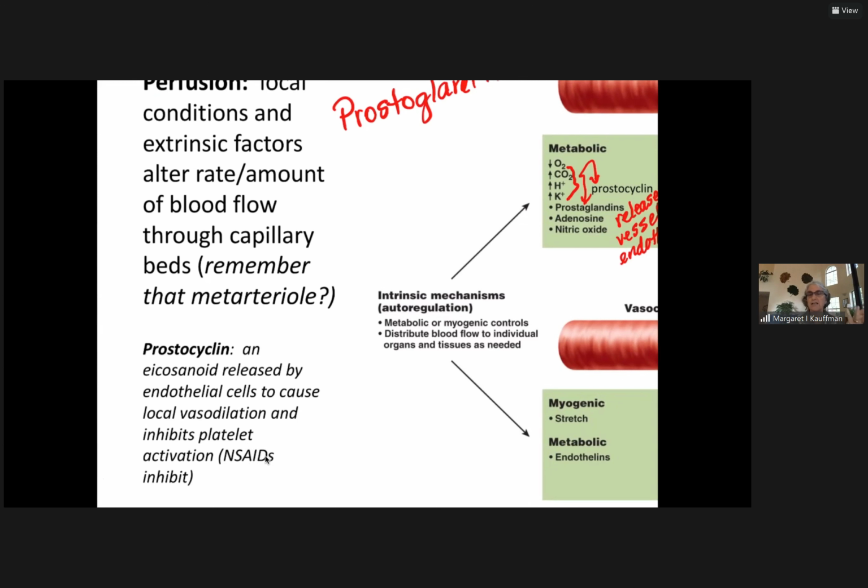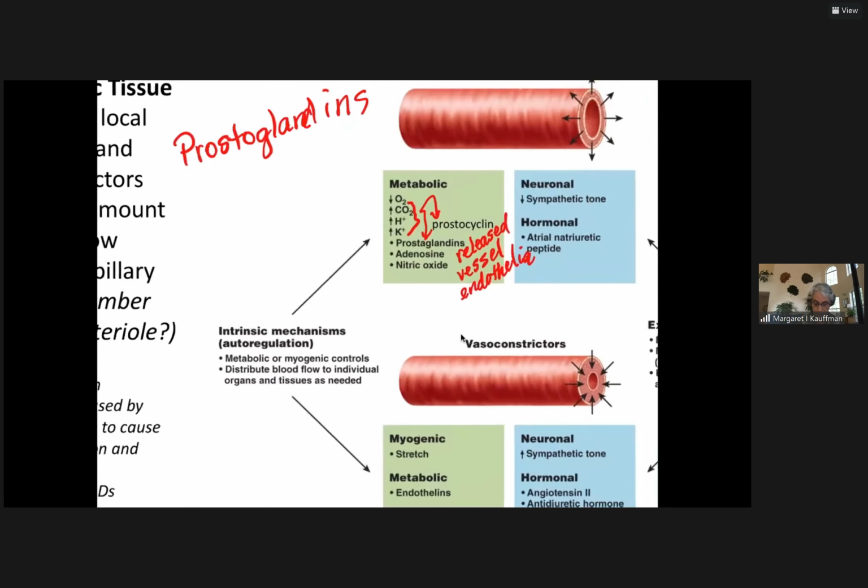You don't like that. So you end up taking something like ibuprofen or Aleve or something like that, naproxen. Those drugs act to inhibit prostacyclin, and therefore, even though the damaged tissue is releasing these things, its effects are being at least partially blocked by blocking this prostacyclin.